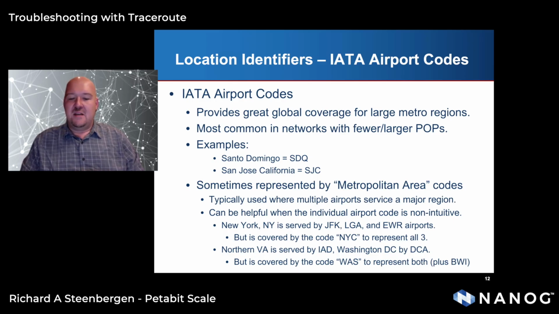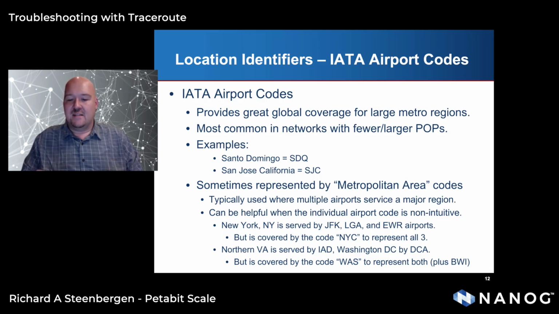There is a code NYC that is used to represent all 3. So you might be perfectly within your rights to pick NYC as the name of your POP code to cover the entire geographic region without having to nitpick over whether you're closer to LGA or JFK, and to improve communication.